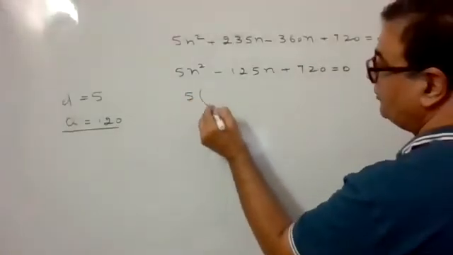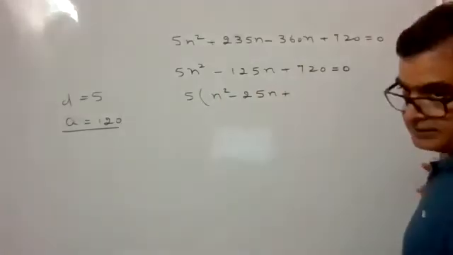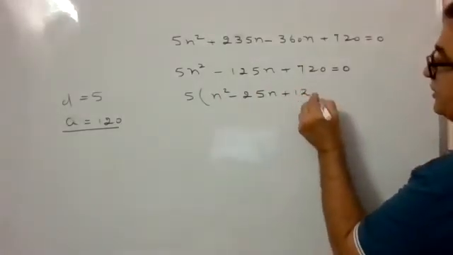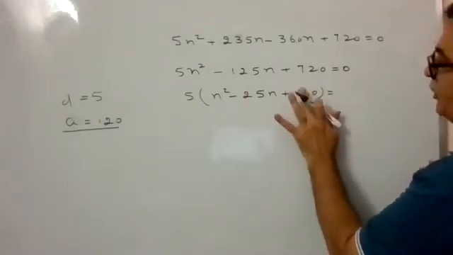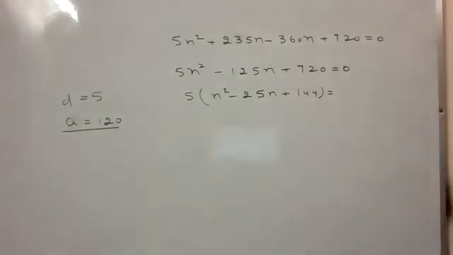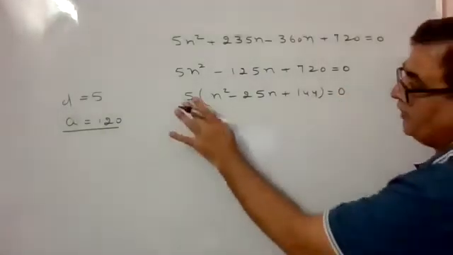When you take 5 common, it will be n square minus 25n plus 144. The 5 has no meaning now.